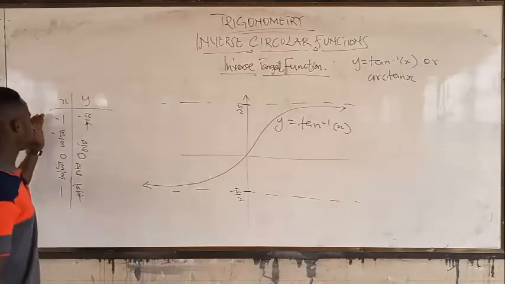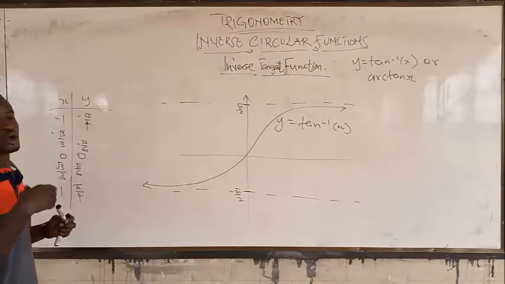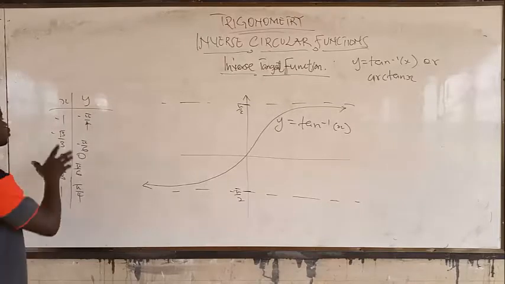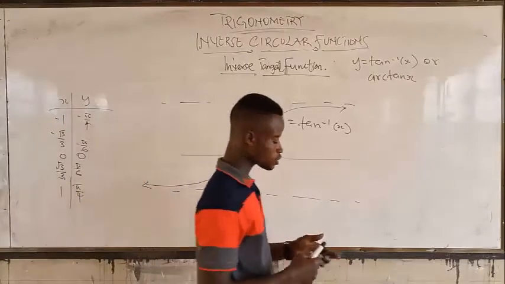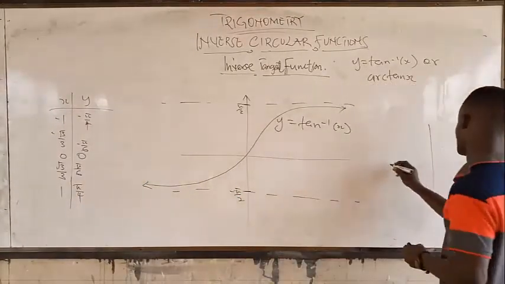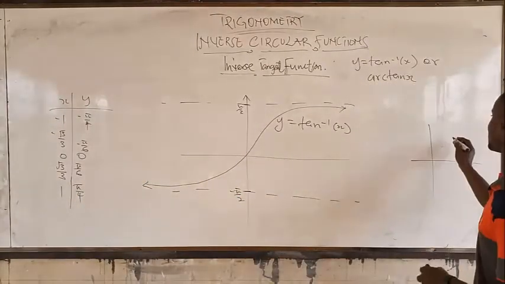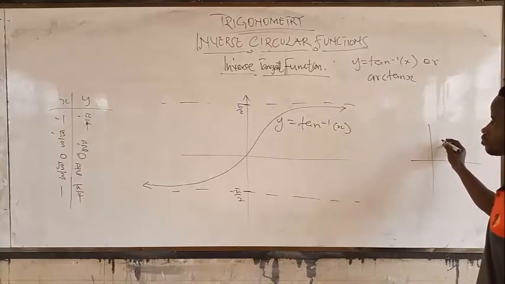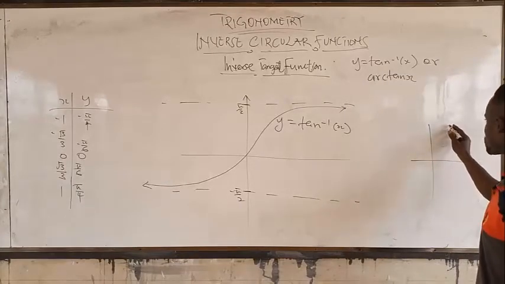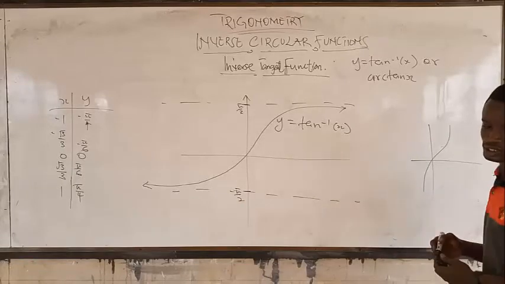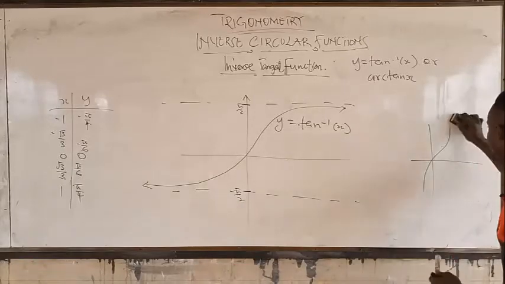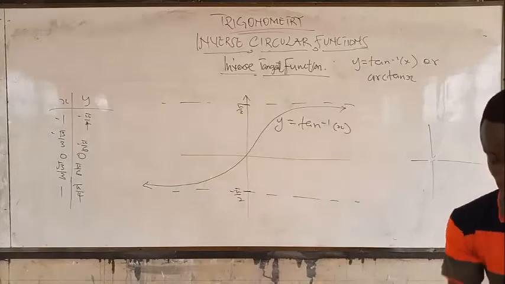So for y is equal to tan x, the values will now interchange. Now for y is equal to tan x, it was something like this. It was something in this way. It's going in this way. How can we see that?